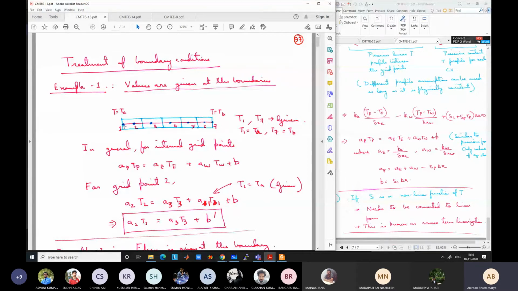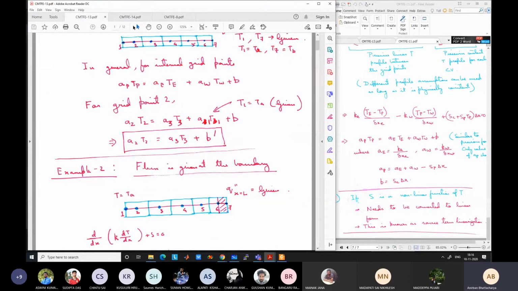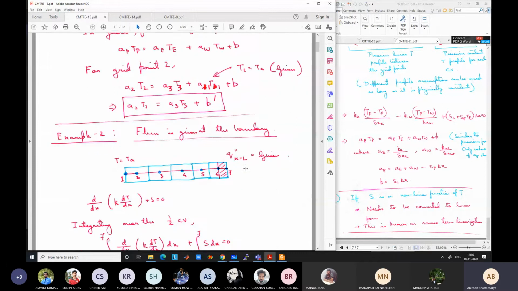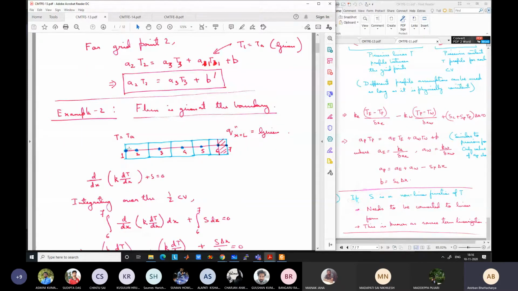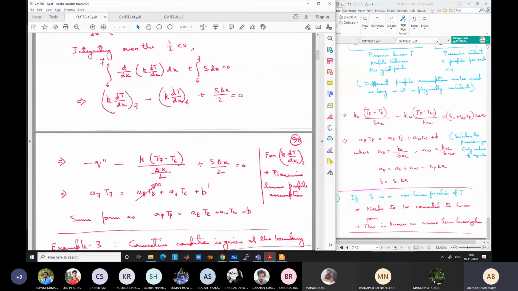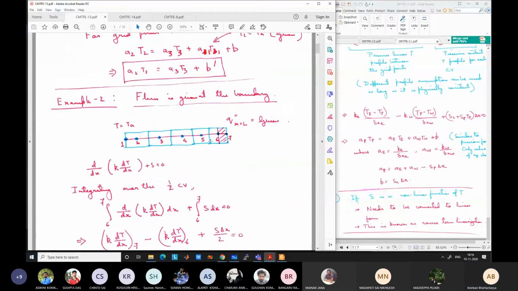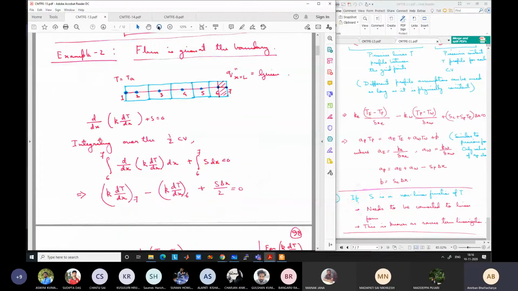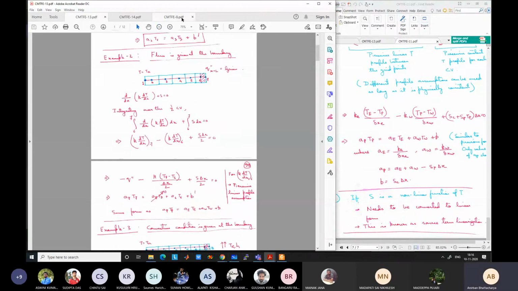Say I is, in this case, varying from 1 to 7. Let us consider another case where the boundary temperatures are also unknown, for example where this point has some flux condition given. So I is varying from 1 to 7, and for any I we can write the equation in this form.